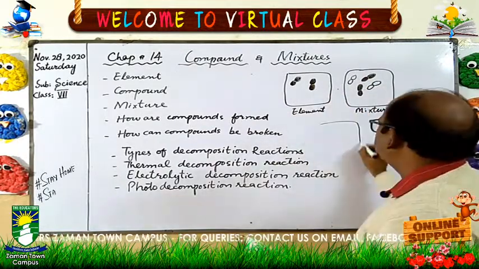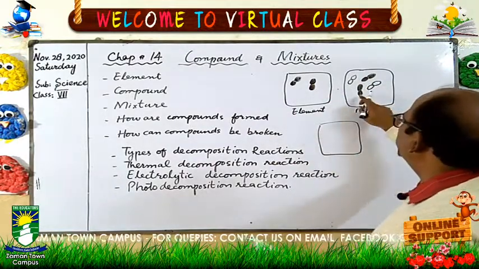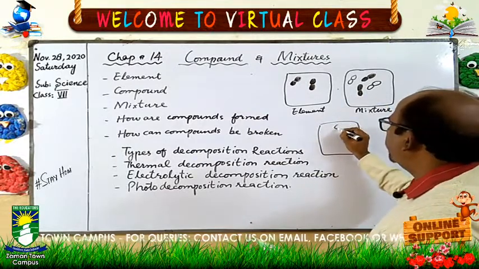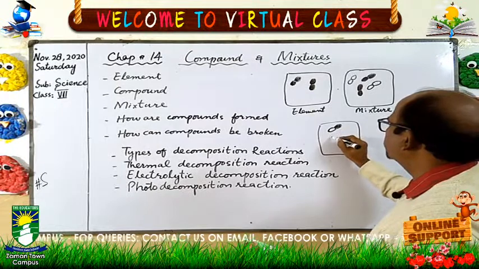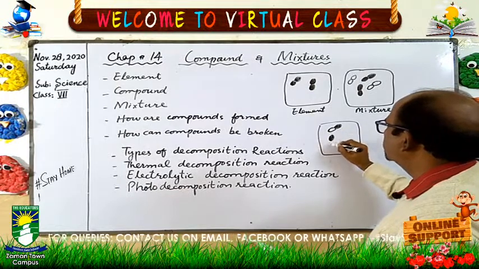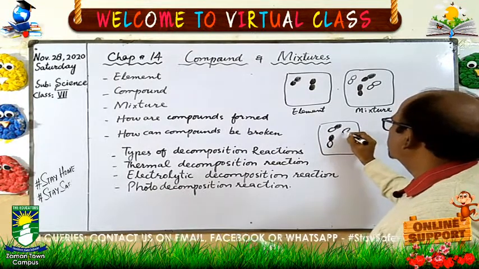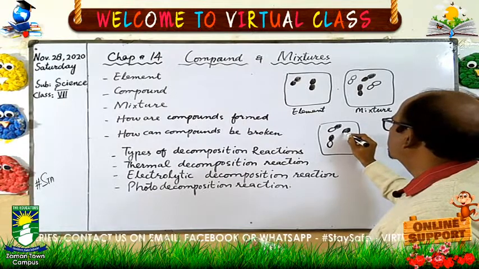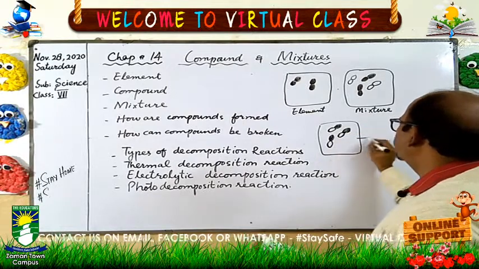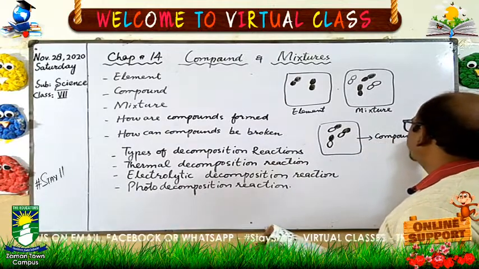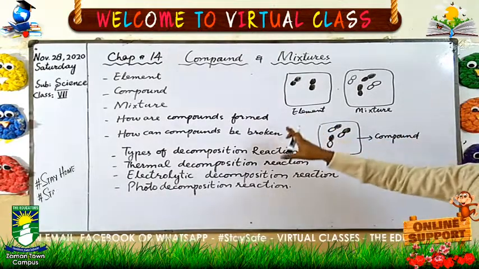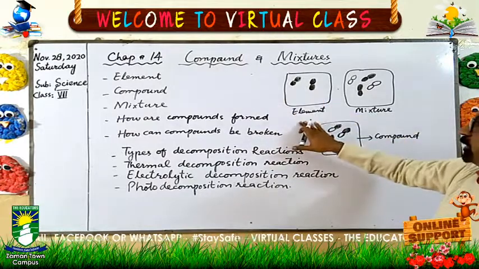Now there is another example. For example, one is taken from this one and one from this one. This will be called a compound. Now you can easily understand. They are the example of an element.